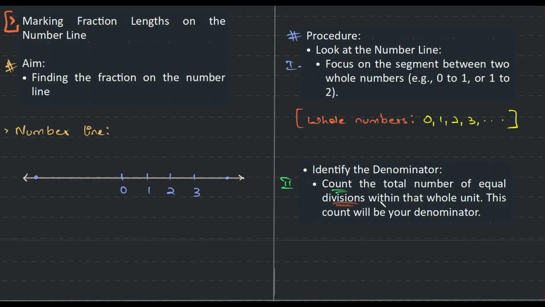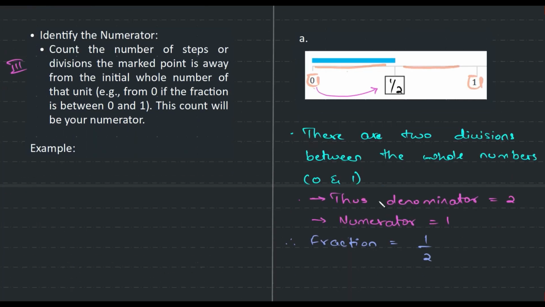Those equal parts give us the denominator. Next, identify the numerator. How do you identify the numerator? Count how far it is from the least whole number. So in all of our examples, it is 0.